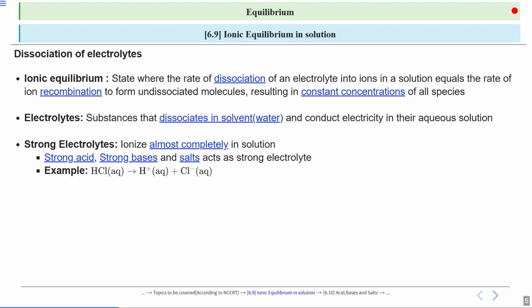And how do they dissociate? Suppose we take the example of a strong acid, hydrochloric acid, HCl. This HCl, when it is dissolved in water, dissociates into two ions, the cation, which is H plus, and the anion, which is Cl minus. Now here is a very important point. In some cases, you will see H3O plus rather than H plus. They both represent the same thing.